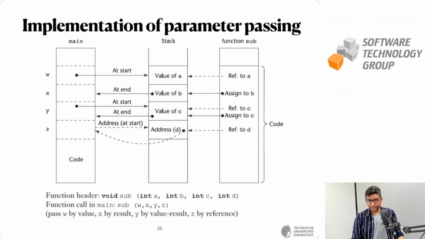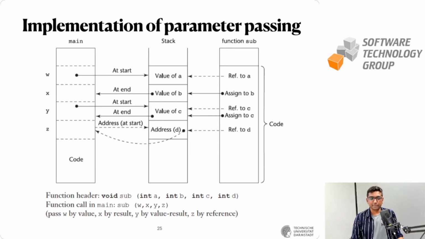W, since it's passed by value, the stack will simply be updated with w, which would then refer to a at the start of invocation, and x, since it's passed by result, would be exactly the opposite of what happens to w, meaning x would be assigned the value of b, but this would happen only at the end of the function execution.